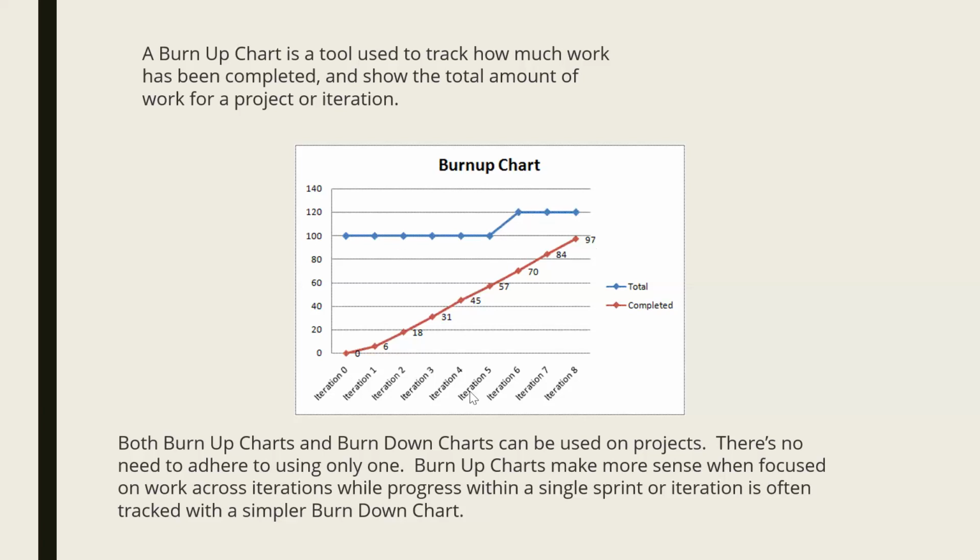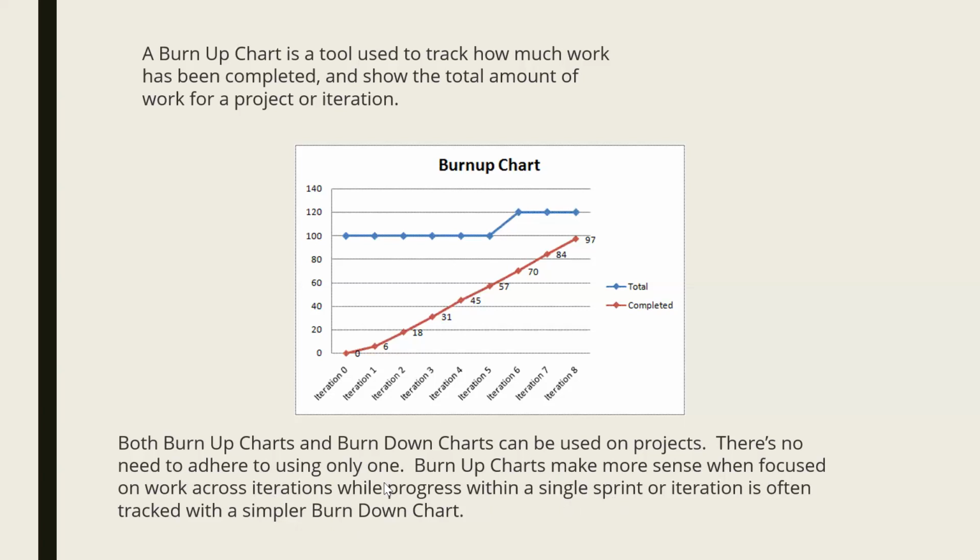Is it showing the target for each sprint? Yes. This is burn up charts here. Burn up charts make more sense when focused on work across iterations, while progress within a single sprint is different. I just copied from there. It says the burn down chart is tracked within a single sprint, whereas the burn up chart is for across the iterations.